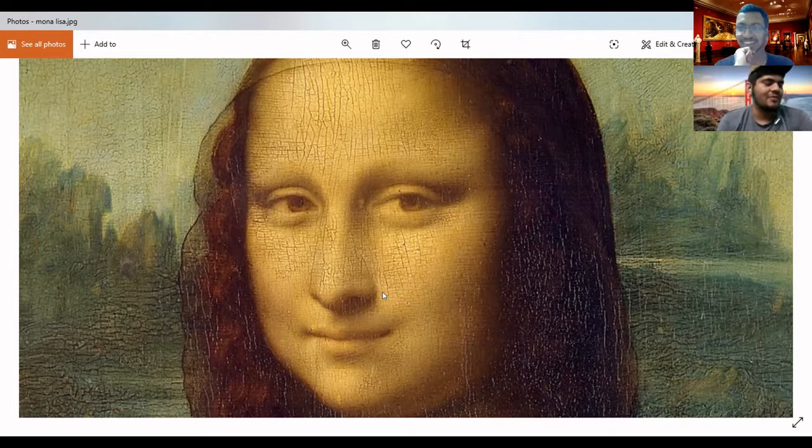Yes. In fact, on 21st August 1911, the painting was stolen by a worker who had made the glass for protection for that painting. It was stolen by him, but actually Pablo Picasso was arrested for it. Picasso was arrested?